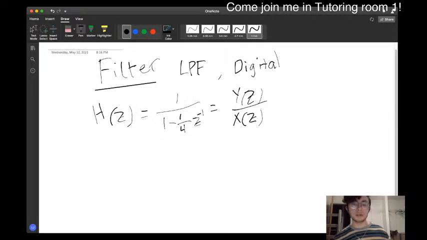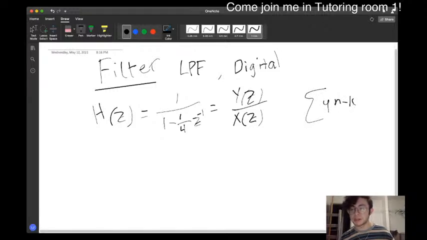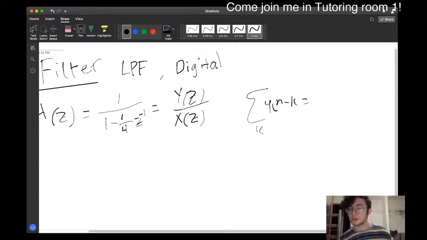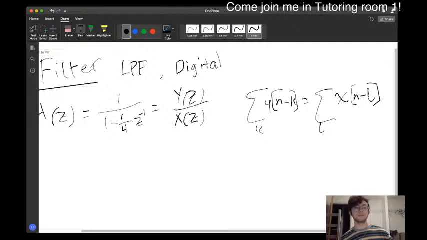So what we want is a summation of y[n] delayed by a series of k values, and then we want that to be a series of x[n minus k], so a series of delayed input terms too, copies of our input. That's what we want here.